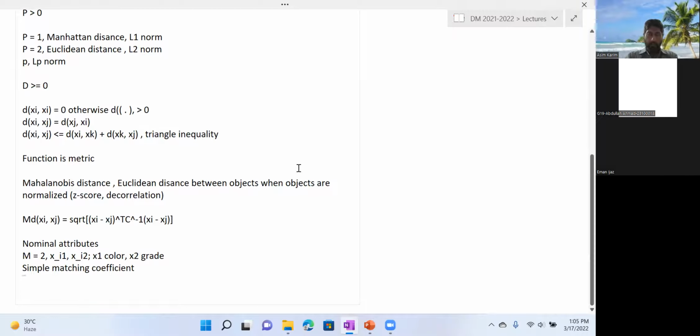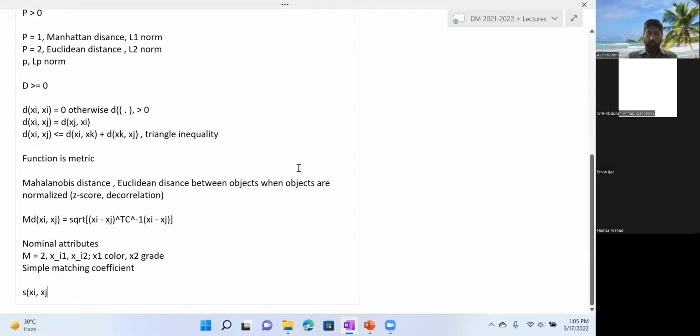In that case, the similarity between xi and xj, not dissimilarity, similarity, is defined as the number of attributes with exact matches divided by m, of course, the total number of attributes.